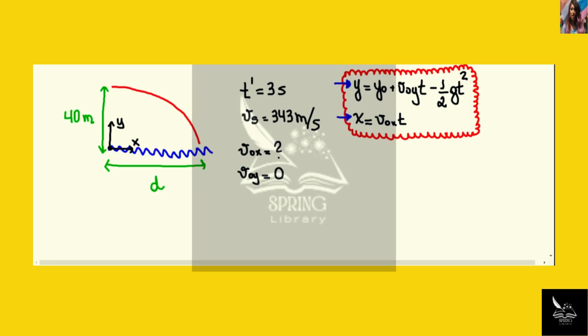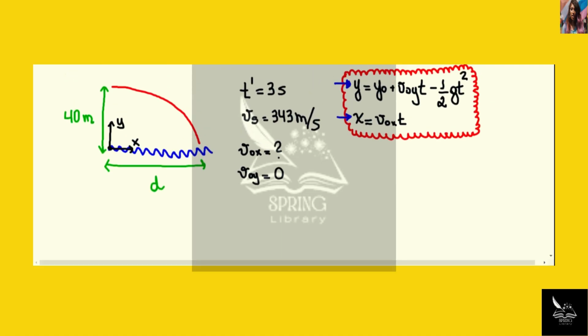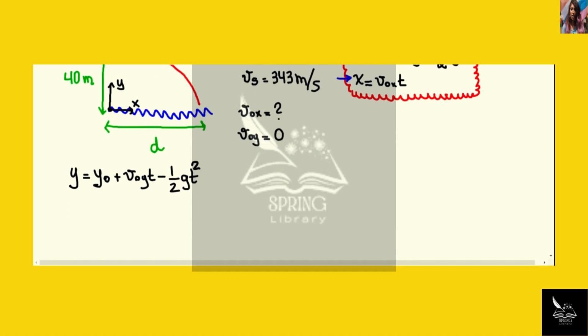The first thing I'm going to do is calculate how much time it takes for the rock to reach the water. With that information we can then proceed to calculate the initial speed. I'm going to use the first equation here: y equals y0 plus v0y t minus 1/2 g t squared.